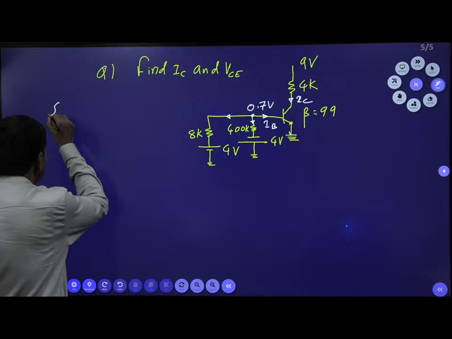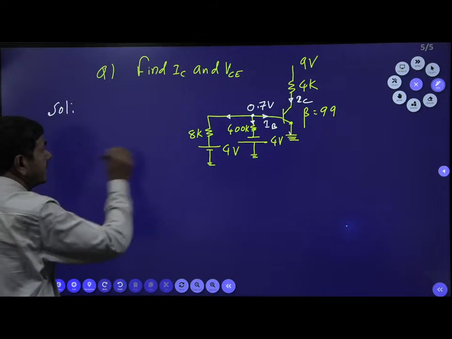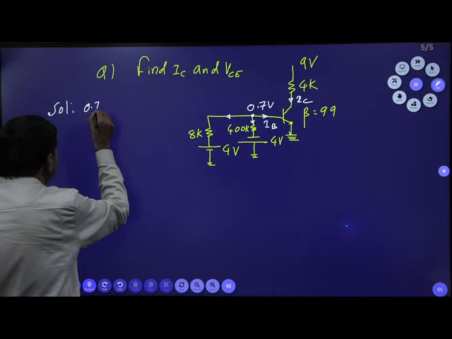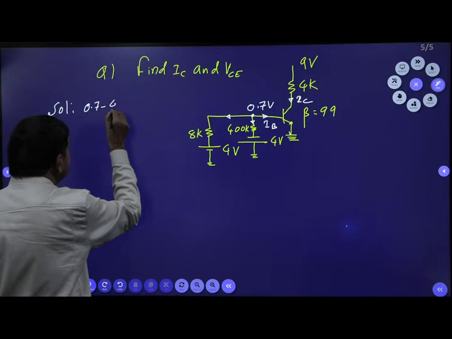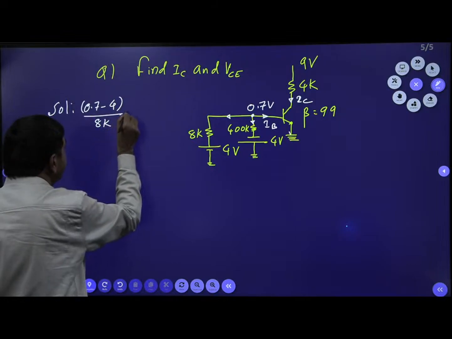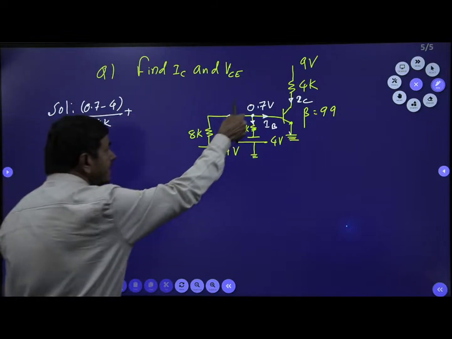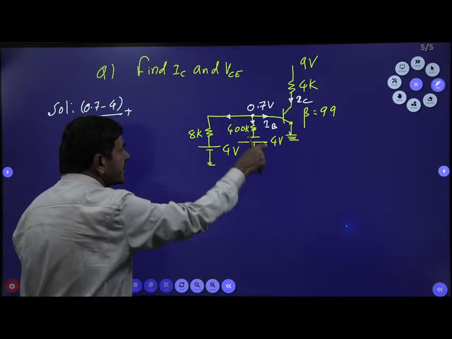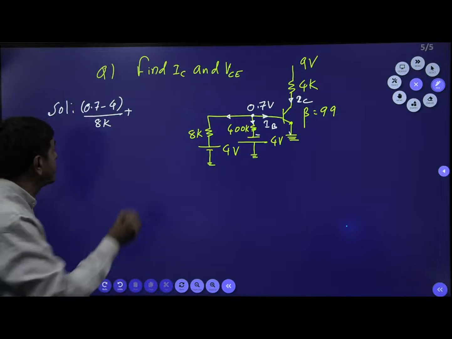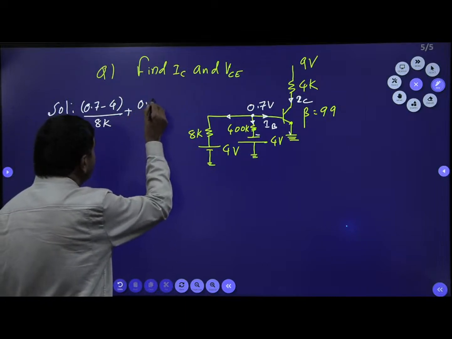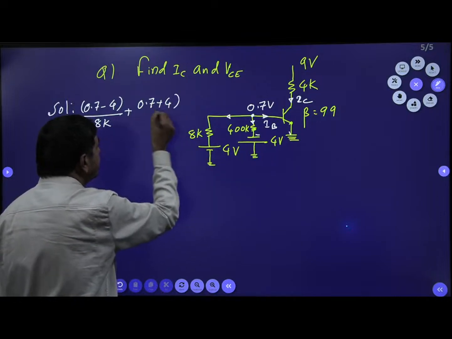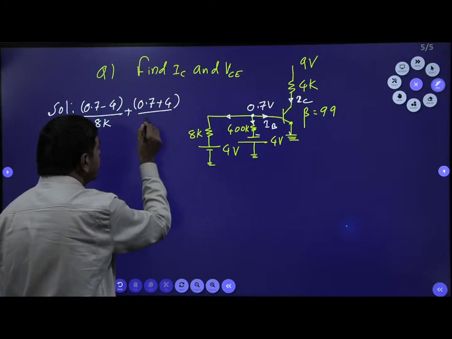As per nodal, I can take it like this: (0.7 minus 4) divided by 8K, plus (0.7 plus 4) divided by 400K.